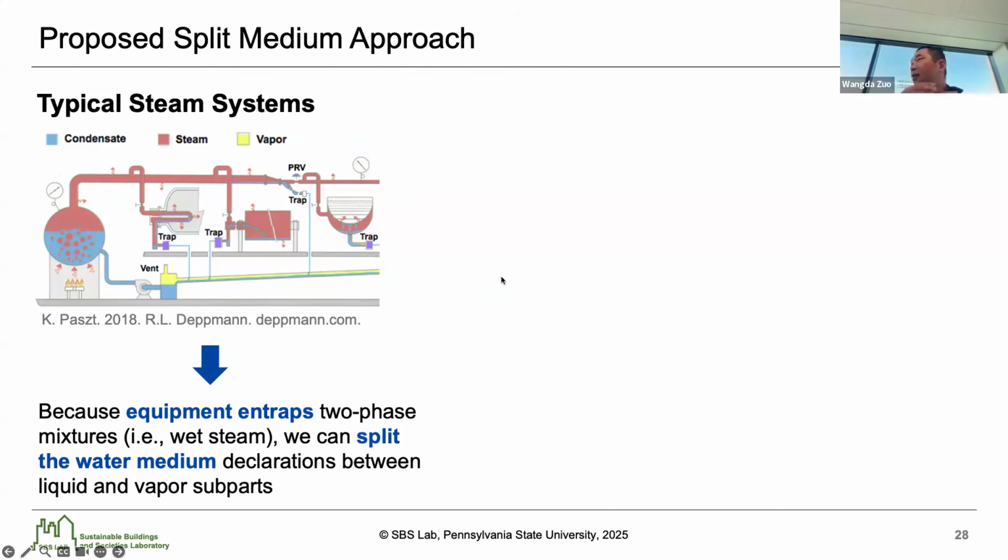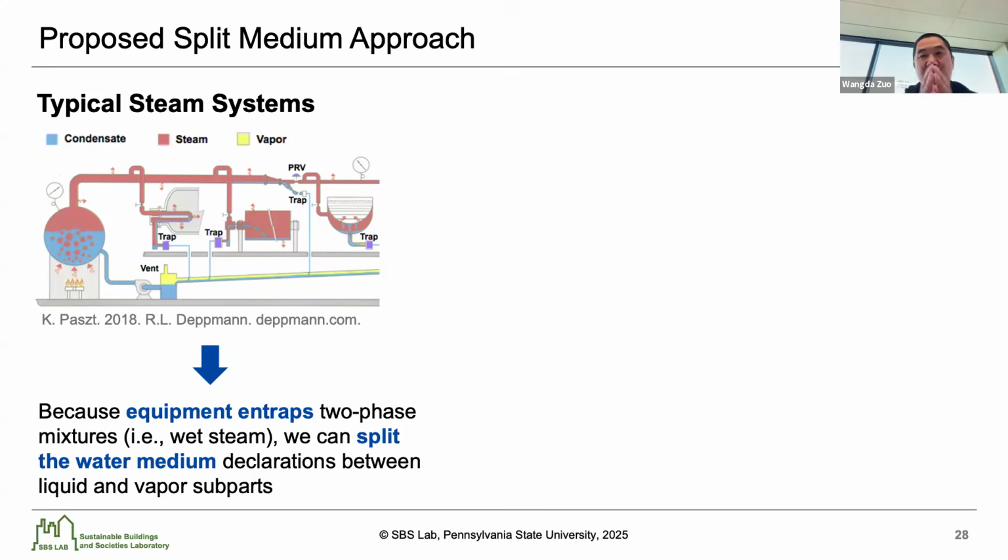So if we are looking at the entire system, a challenge to simulate the system is really at the phase change part, right? When you have liquid to gas, which is a very complex numerical process.